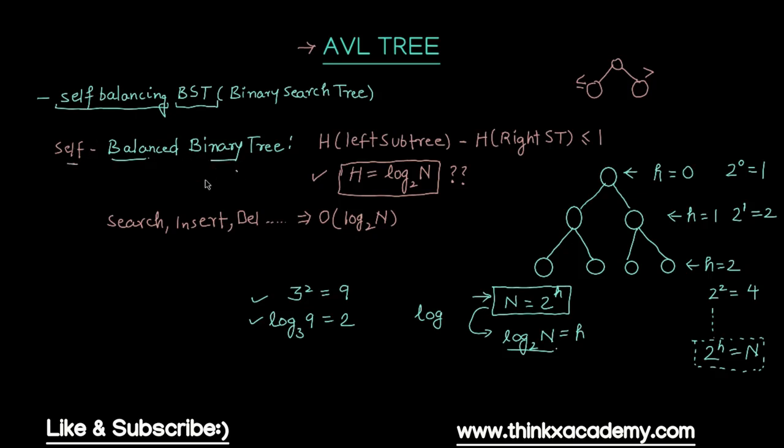So after an insertion, deletion, or any other operation on an AVL tree, it will be self-balanced. Self-balanced basically means that the difference of the height of the left subtree and the right subtree will be less than or equal to 1, or in simple words, the height of the tree will be log base 2 n. This is just an introduction, and this is part 1 of the AVL tree.